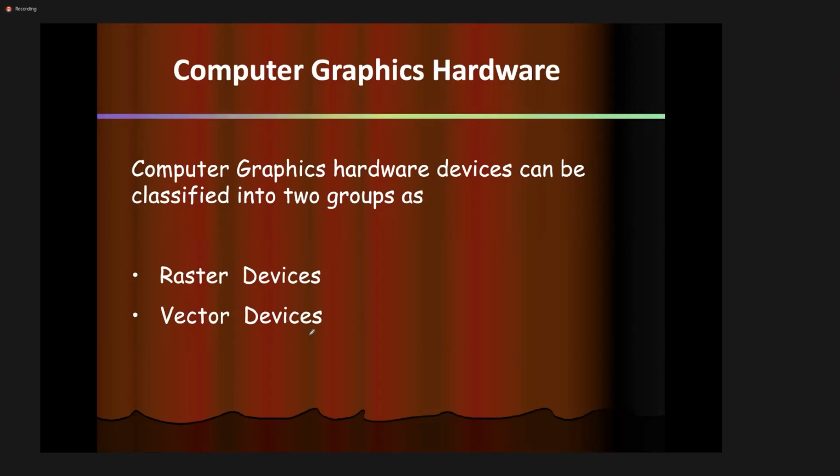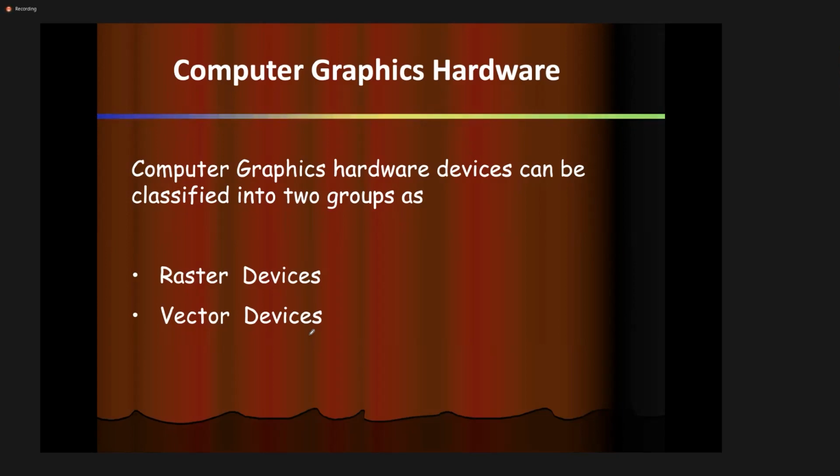Now, how can we separate them? What's the main feature to separate raster devices and vector devices? That is the main question. What's the difference between a raster device and a vector device? The same thing we can apply to raster graphics and vector graphics. Another person can argue that vector devices are to display vector graphics, and raster devices are for displaying raster graphics.